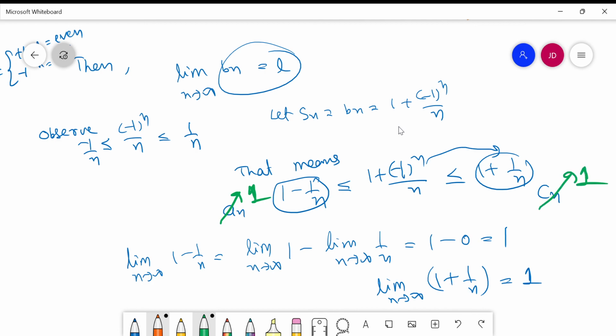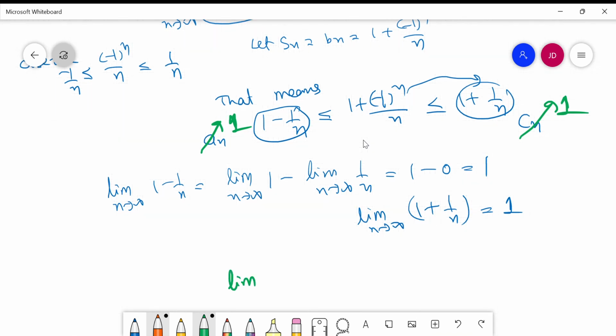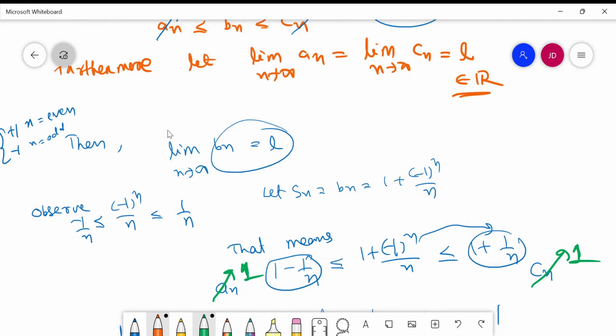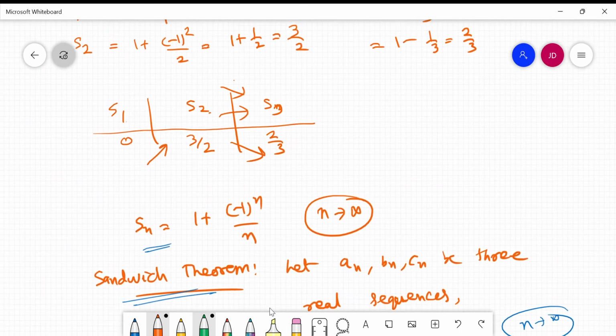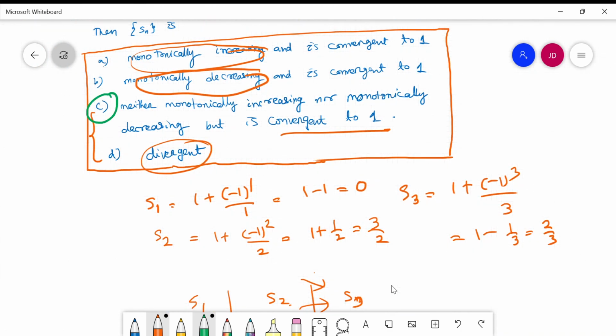So by the sandwich theorem, the limit as n tends to infinity of 1 plus (-1)^n upon n equals 1. So basically our sequence Sn is convergent, and it is converging to 1. This shows that option C is correct: it is neither monotonically increasing nor monotonically decreasing, but it is converging to 1.